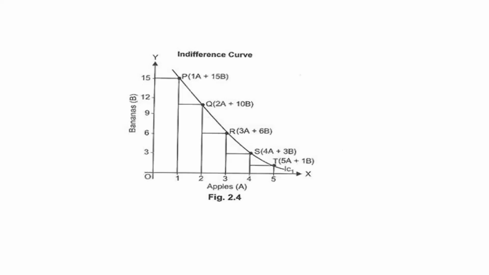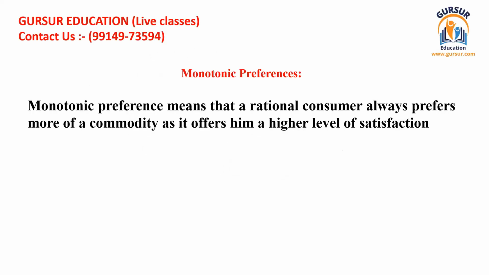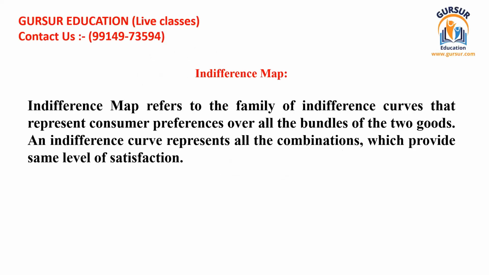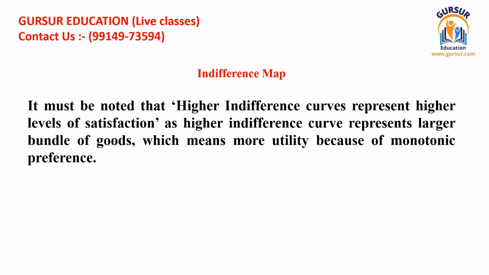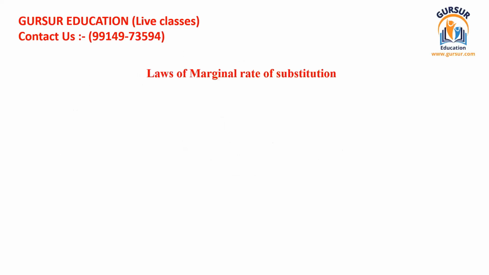Then we saw indifference curve. Then we understood monotonic preferences. Then indifference map was shown, which shows the different kinds of indifference curves. Then I taught you marginal rate of substitution, which tells you that you have to reduce the consumption of units of the Y commodity in order to increase the consumption of units of the X commodity.